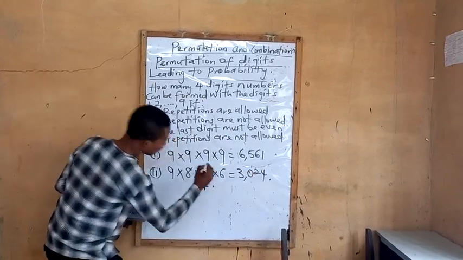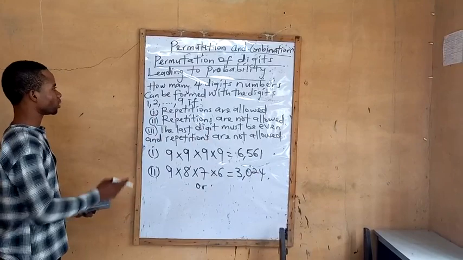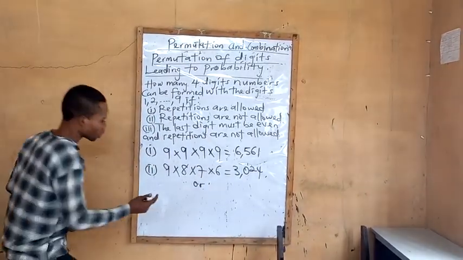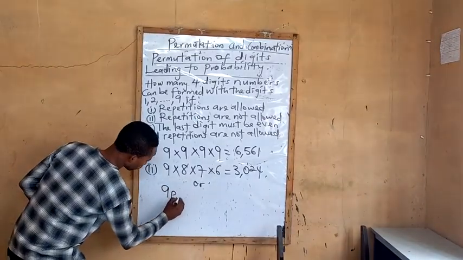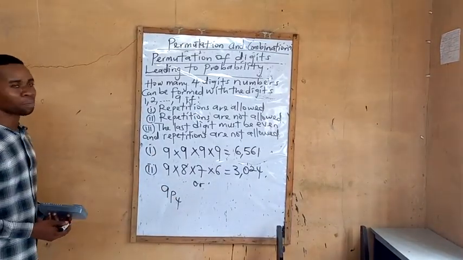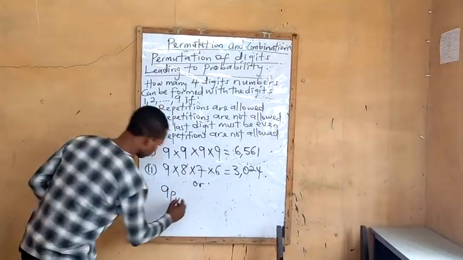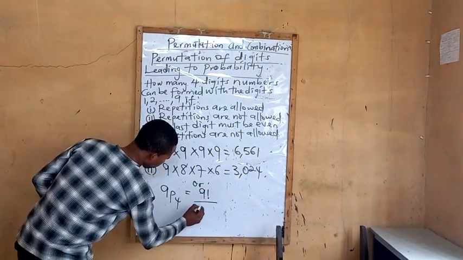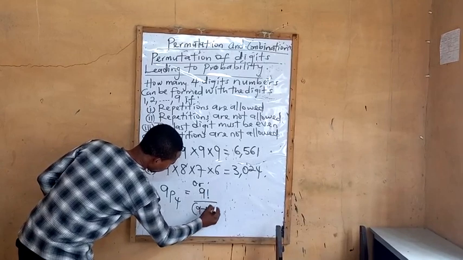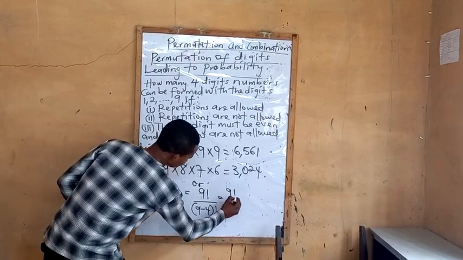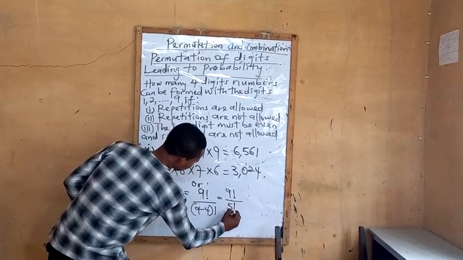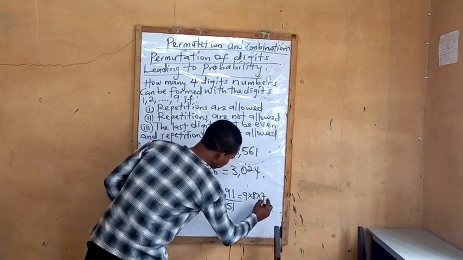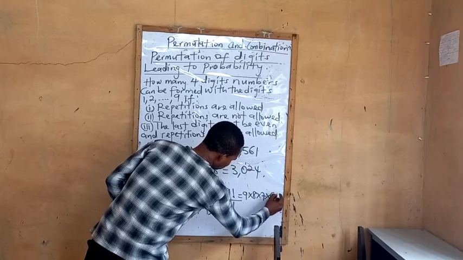Or you can easily apply your formula. When they said repetitions are not allowed, you want to form 4 numbers out of 9. That's going to be 9 permutation 4. And 9 permutation 4, according to our formula, is 9 factorial all over 9 minus 4 factorial. That will be 9 factorial all over 5 factorial, which is 9 times 8 times 7 times 6 times 5 factorial.